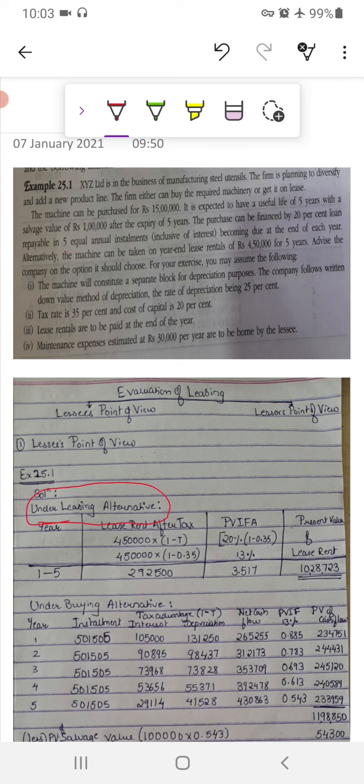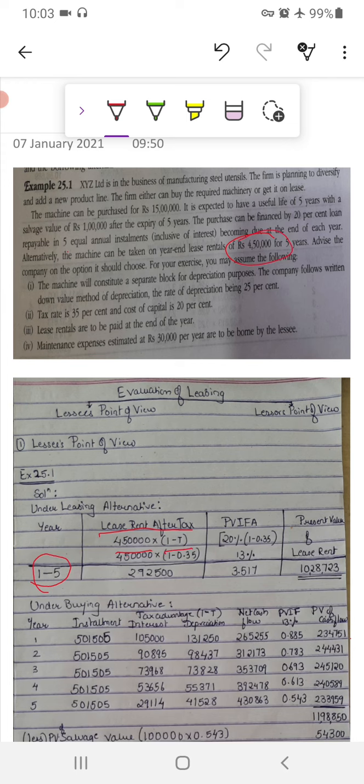Under the leasing alternative, first we know that the lease rentals are uniform, or the same, throughout the period of 5 years. So we directly take 1 to 5 years. Then lease rentals after tax. Lease rentals after tax means 4,50,000, that is the lease rental given to us, into 1 minus t.